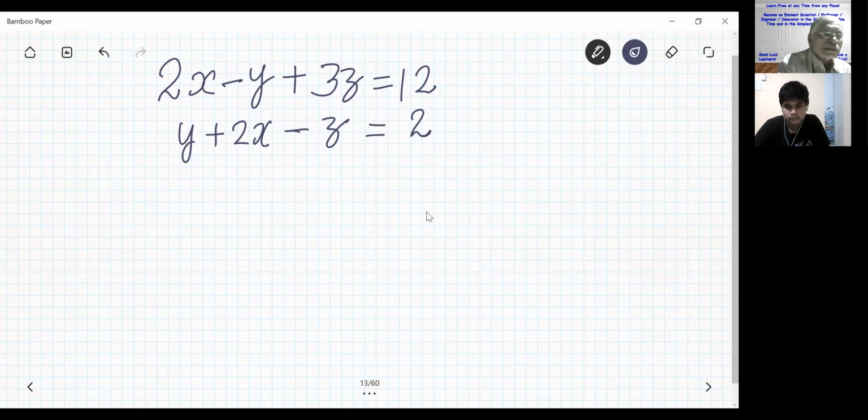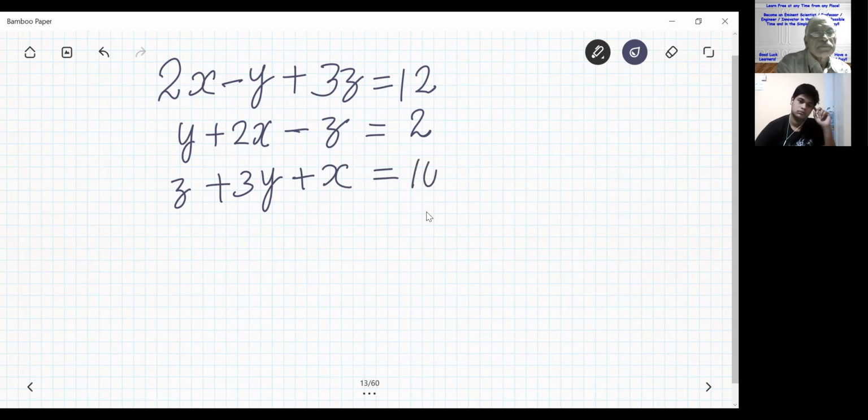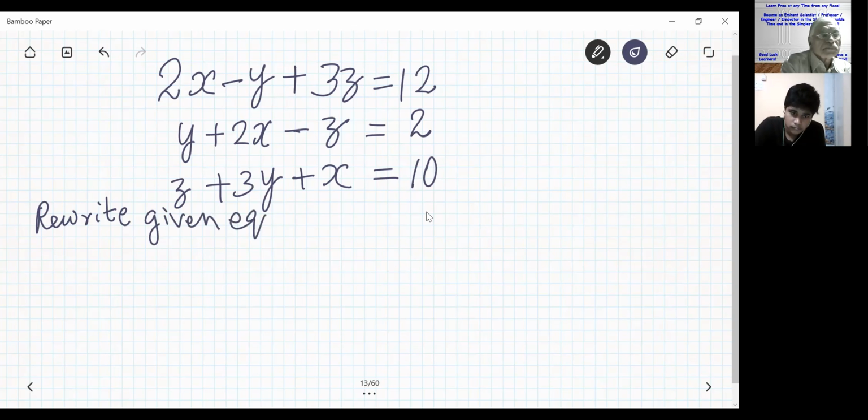Z plus 3y plus x is equal to 10. So first step is rewrite the given equation in standard form.